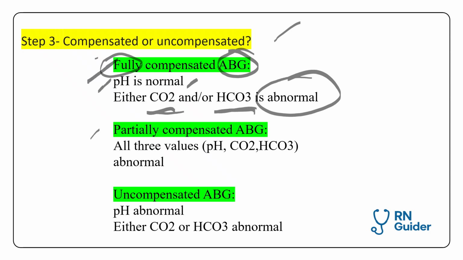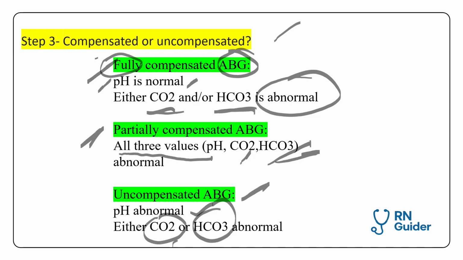And we will consider it partially compensated if all three, that means pH, carbon dioxide and bicarbonate, are abnormal. And it will be uncompensated if pH is abnormal and among the other two, either carbon dioxide or bicarbonate, only one is abnormal.